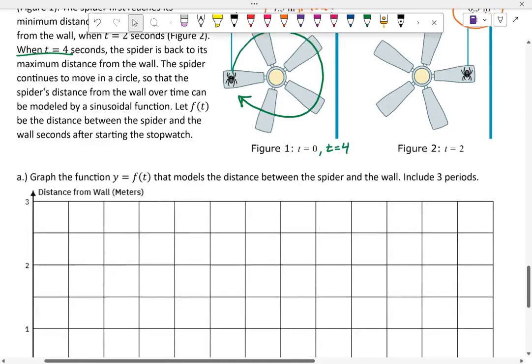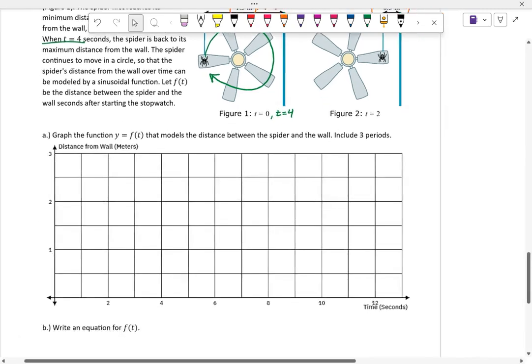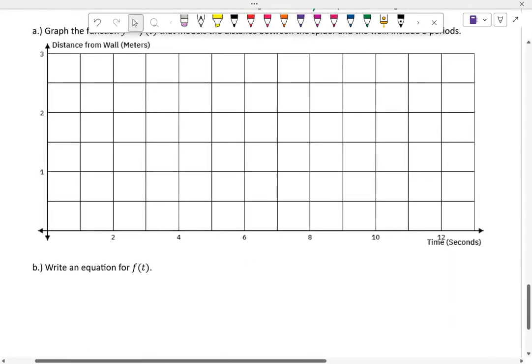So we want to graph our function y equals f of t that models the distance between the spider and the wall. So our y-axis is the distance from the wall. So we start at t equals 0. What is our distance from the wall at t equals 0? At its maximum, which is 1.5. Here is 1.5. There we are at our maximum.